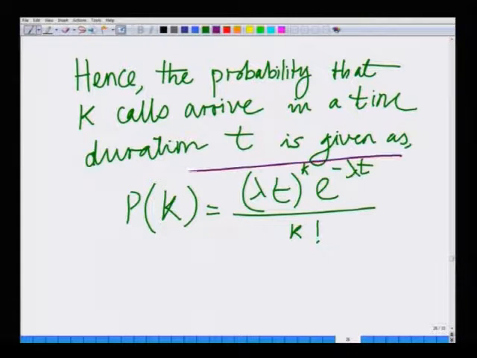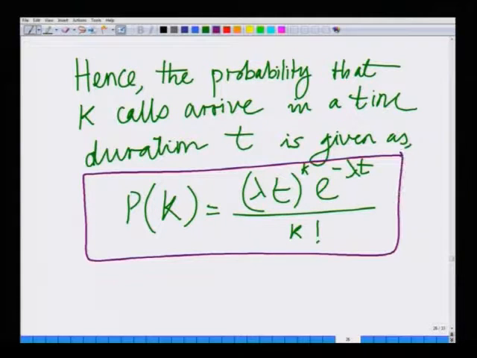This is essentially the expression for the Poisson distribution with parameter lambda, which is the call arrival rate. We are saying that the probability that k calls arrive in this time interval t is lambda t to the power of k, e to the power of minus lambda t, divided by k factorial.